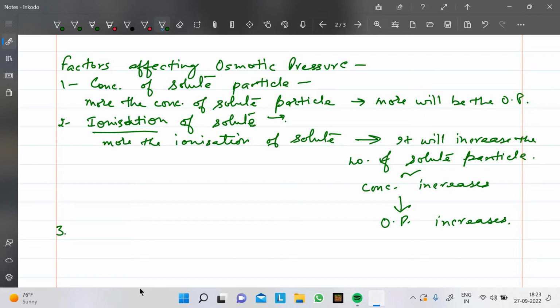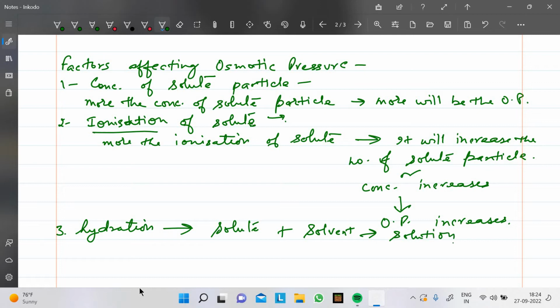Third one is hydration. What is hydration? When solute is added to solvent, it gives a solution. But in solution, the solute particle absorbs some water on its surface.